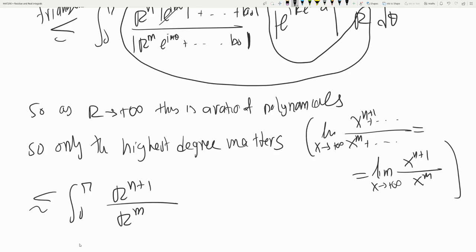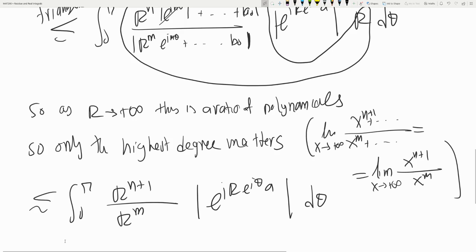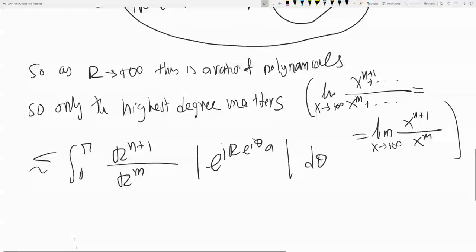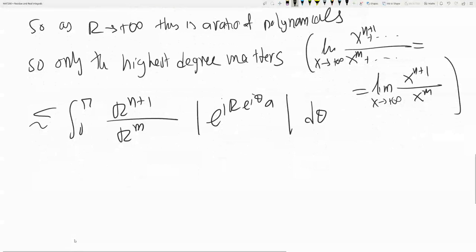We still have this term that we haven't handled yet. Now let's talk about this. First, use Euler's formula.